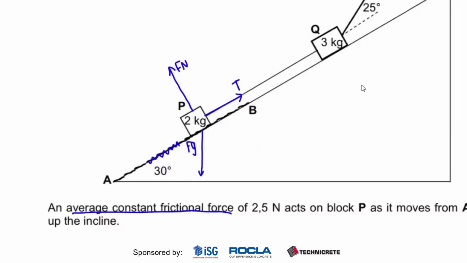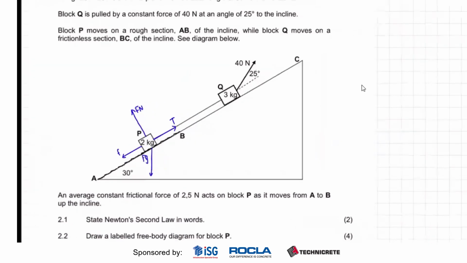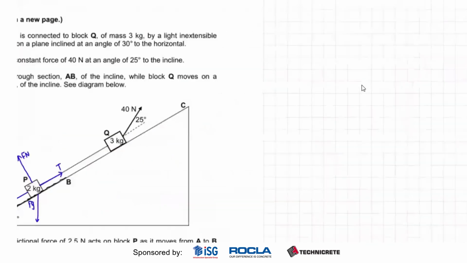So there is a frictional force. So we're going to put that frictional force in. The friction always acts directly opposite to the tension force or to the force that is pulling the object up the slope. So therefore the friction is going to be acting down the slope, and we're just going to put small f for friction. Okay. Now we can go nicely and draw a free body diagram for block P.